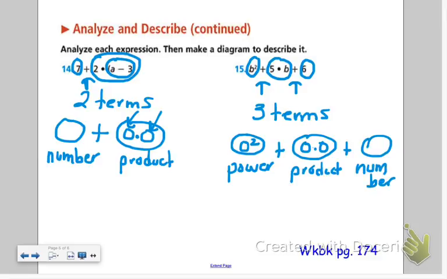So 3 terms made up of a power, a product, and a number. So it's basically the sum, because I'm adding, right? I'm adding all of these terms. It's the sum of a power, a product, and a number. And this one over here for number 14, that was the sum of a number and a product, because I'm adding a number and a product.